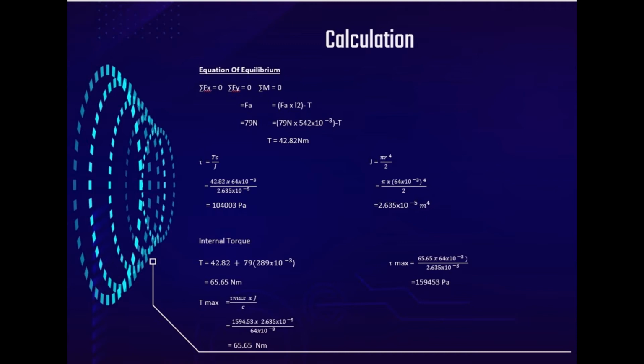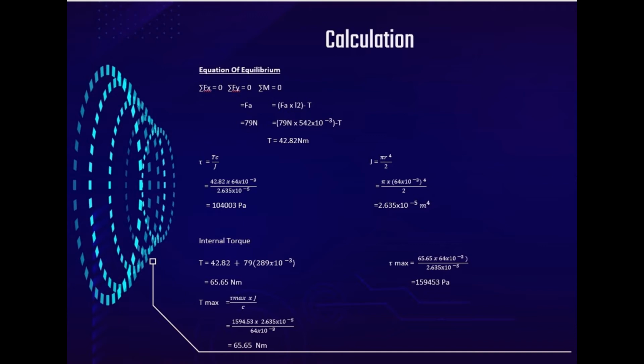We get 2.635 times 10 to the power of -5. With the polar moment of inertia, we can substitute into the torsional stress formula and get the answer of 104,003 Pascal.